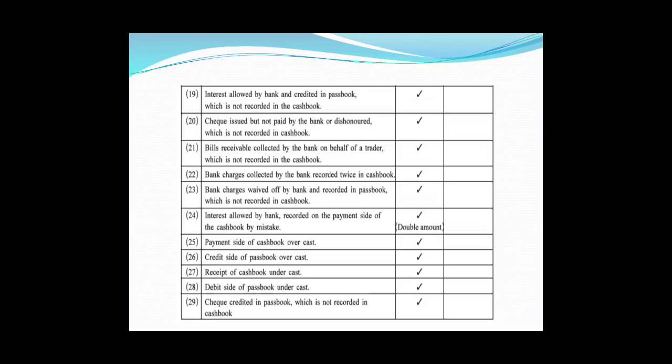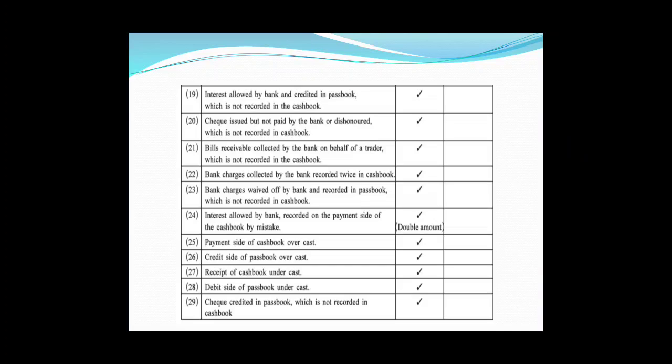Then interest allowed by bank recorded on the payment side of cash book by mistake. Sometimes any interest which is credited by bank is supposed to be debited in cash book, but by mistake instead of debiting in the cash book, it has been credited in cash book too.